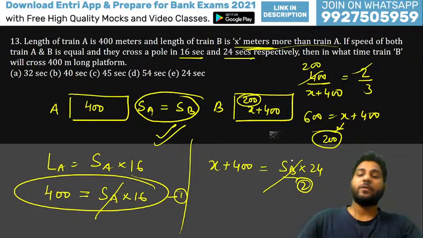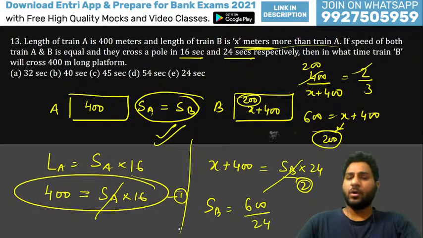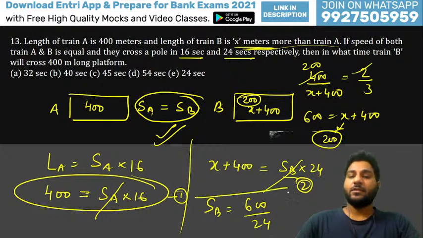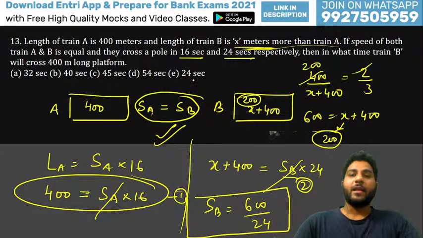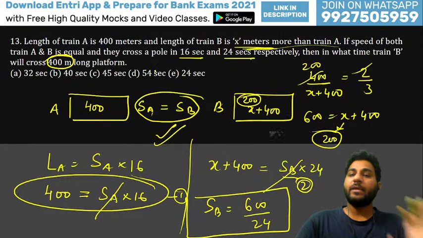So first of all, we need to figure out the speed of train B. Speed of train B equals 600 divided by 24. I am not going to solve this, because I don't need the speed of train B, just want some data in value. If you are crossing a platform, you know that platform has some dimension, that means the length of platform will be added.